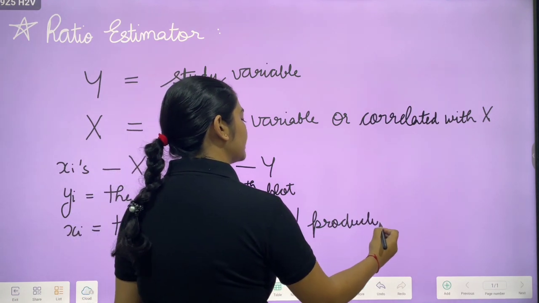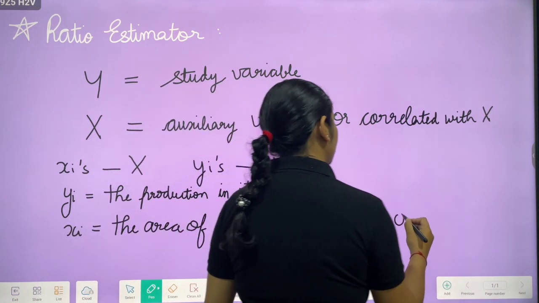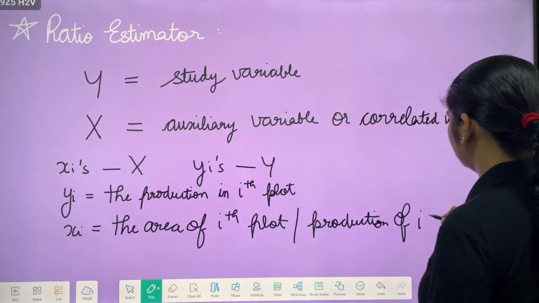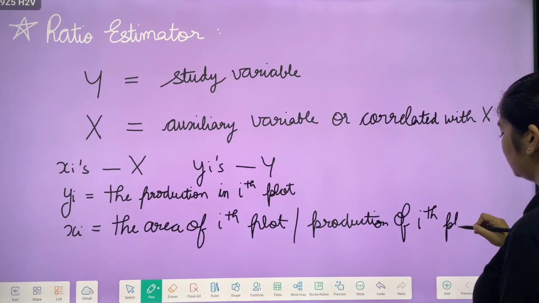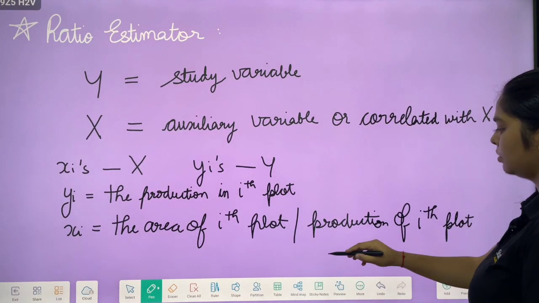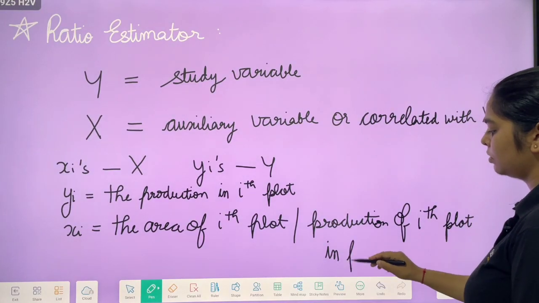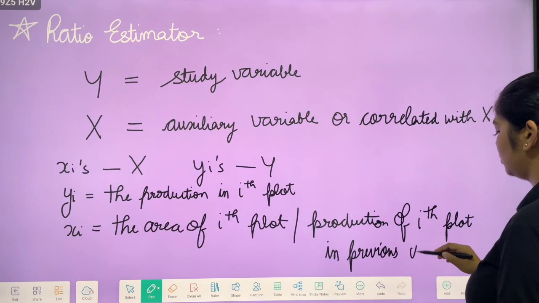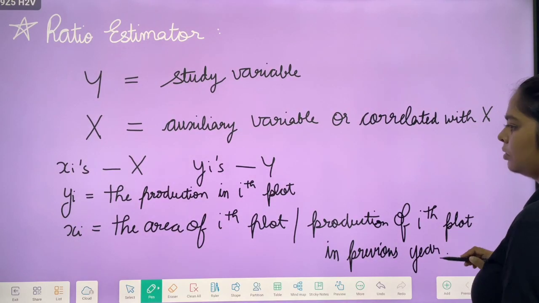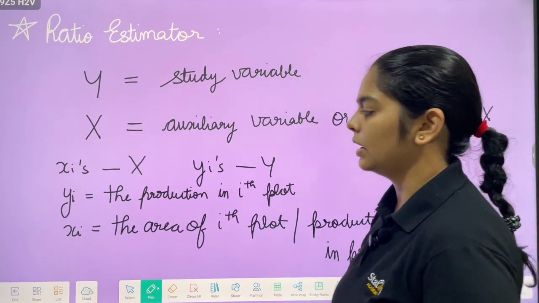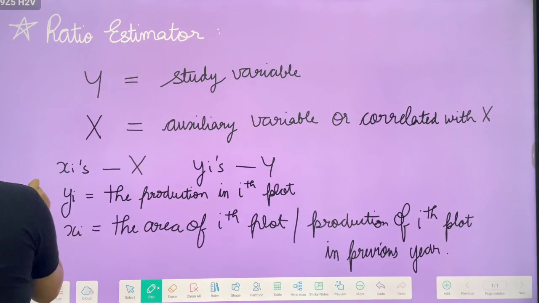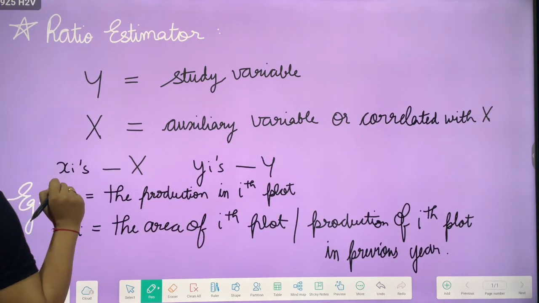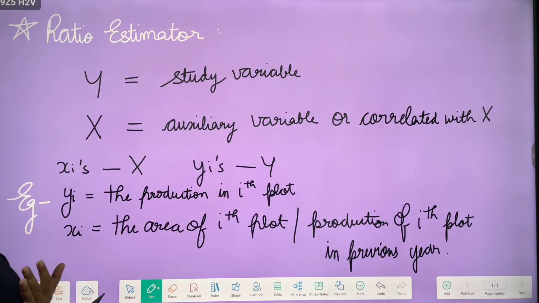So using xi's, we can find yi's. So this was one of the examples of what a ratio estimator is.